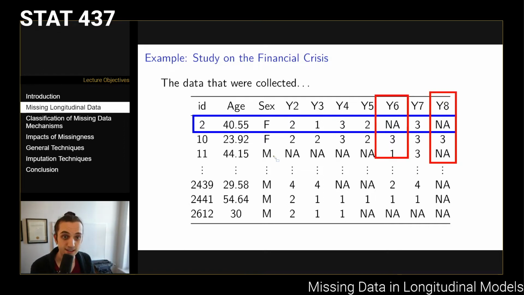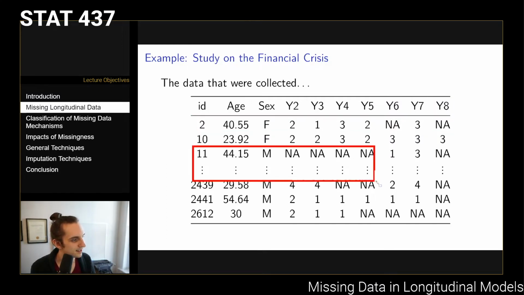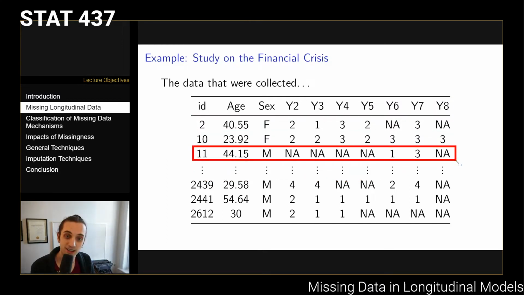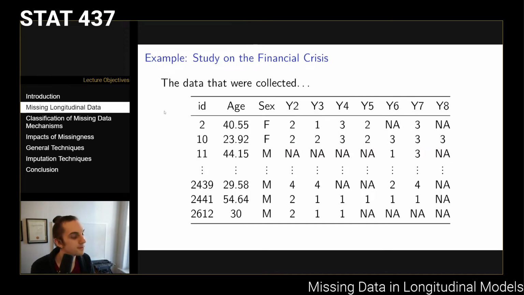We have NAs there for not applicable, not a number, right? ID 11 was missing almost everything except for at times 6 and 7. So if you actually looked at any of the real data sets from the course, if you download them from their true source, oftentimes you're going to see these types of patterns emerge where there's lots of missing data in longitudinal studies.